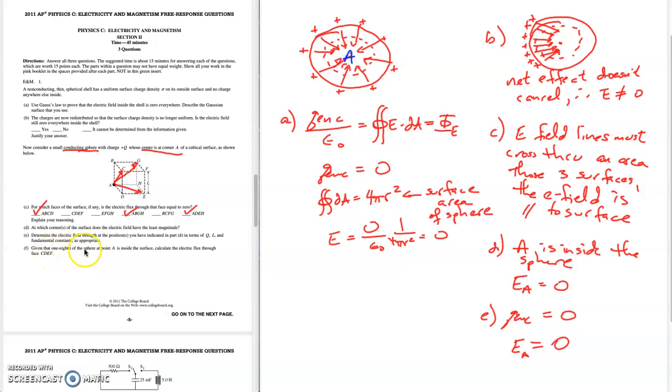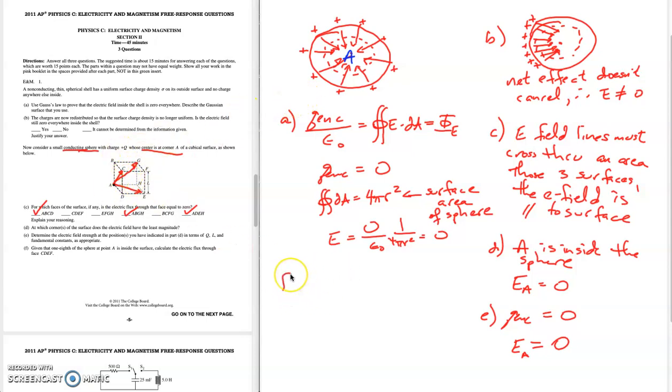Given that 1/8 of the sphere at point A is inside the surface, okay, so if we take a look at our cube, and one chunk of that is inside there, what's going to be the flux?